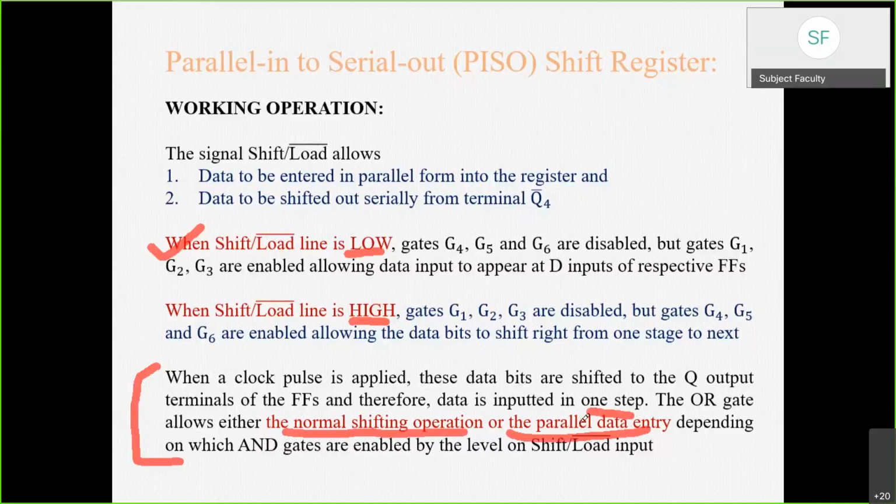This parallel data entry is nothing but the loading operation, and this normal shifting operation is nothing but the shift operation. Depending on the value of your shift/load bar terminal, these two operations will take place, depending on which AND gates are enabled by the level of the shift/load bar input.